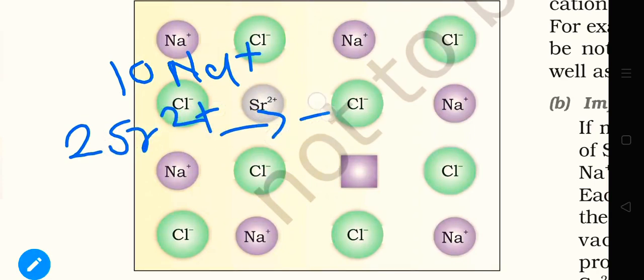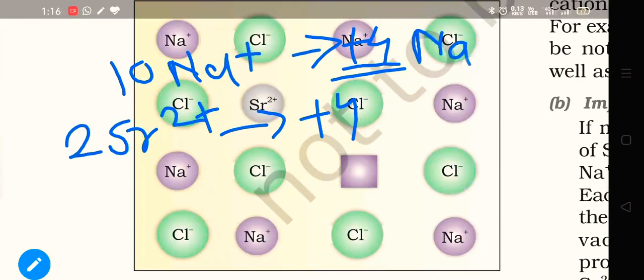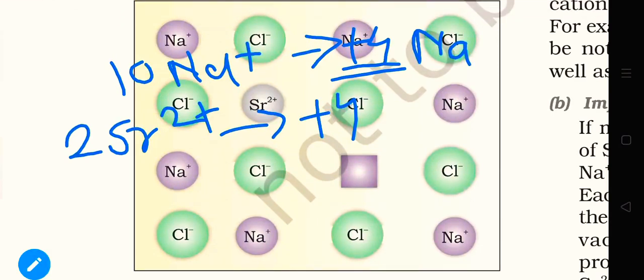So in total we add plus 4 charge. To maintain the balance, you have to remove plus 4 charge obtained from Na plus, that means you have to remove 4 Na ions. We added just 2 Sr plus 2, and that's why you have to remove 4 Na plus.